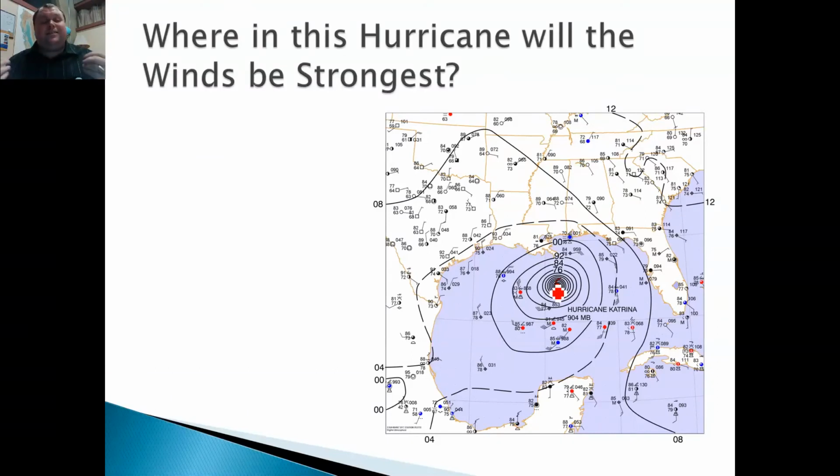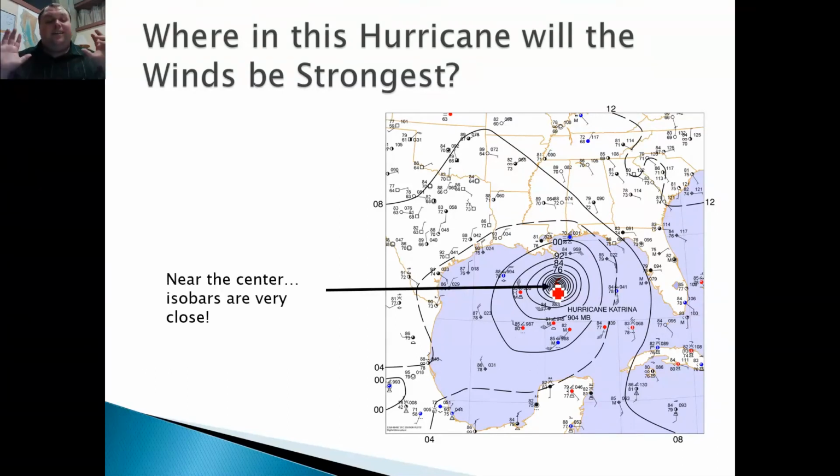As a result, the winds are the strongest near the center, where these lines are really close together. So, just to recap, when these lines are really far apart, the winds are really weak. On the other hand, when they're really close together, the winds are really strong.